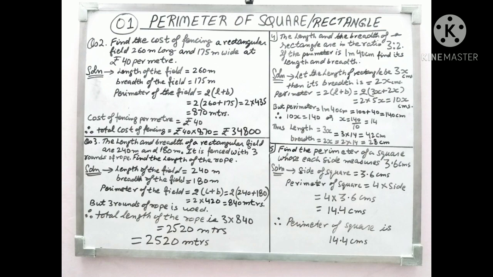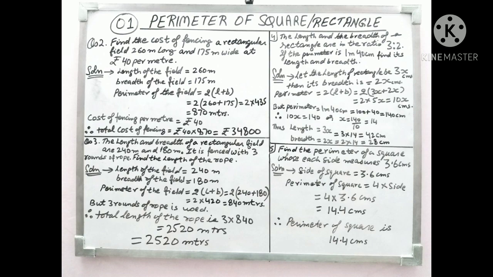So we see here that the length of the field is equal to 260 meters, breadth of the field is equal to 175 meters. So we will write the perimeter of the field as twice (L plus B), that is twice of length plus breadth. We get twice of (260 plus 175), which is calculated further to get 2 into 435, and finally we get the answer as 870 meters.